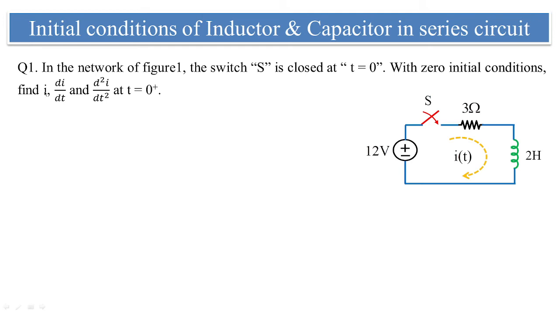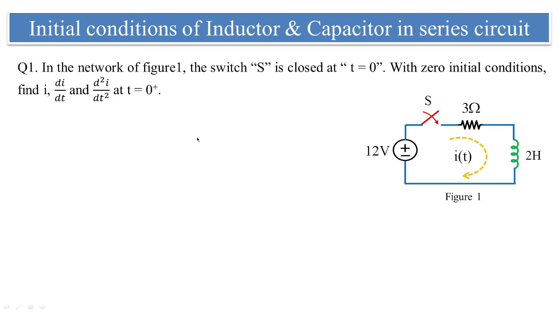You can make the flow of charge equal to the flow of current. So the flow of current in terms of velocity and in terms of acceleration at t equal to 0 plus, we need to find out the values for these different varieties of currents.